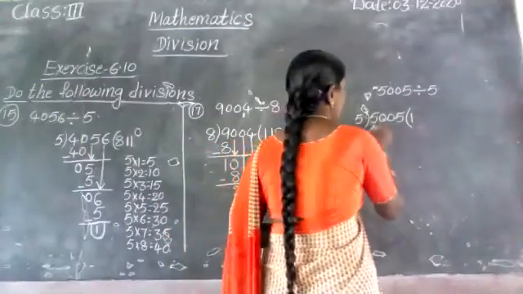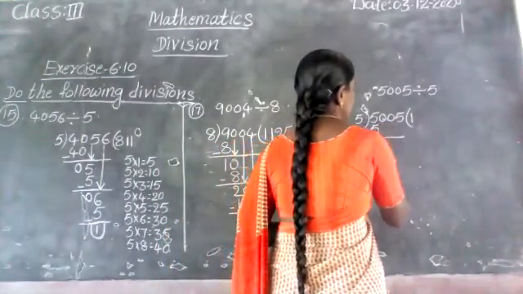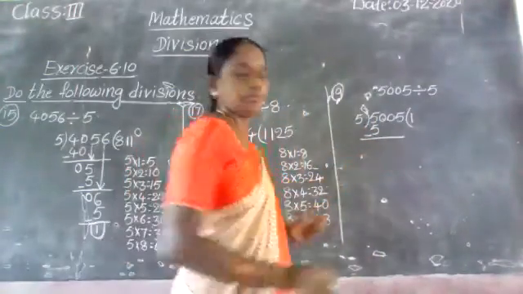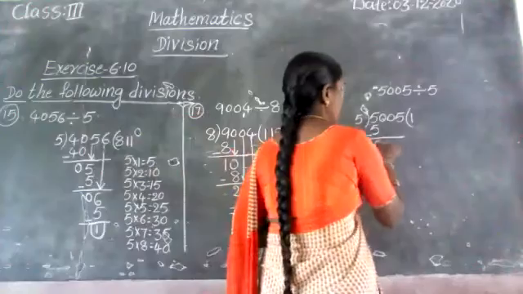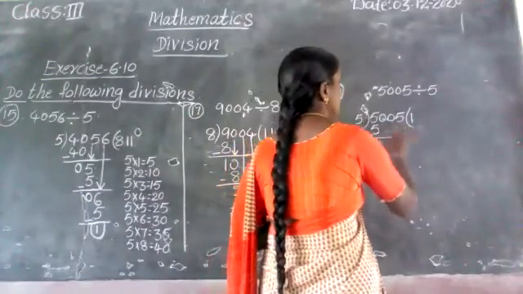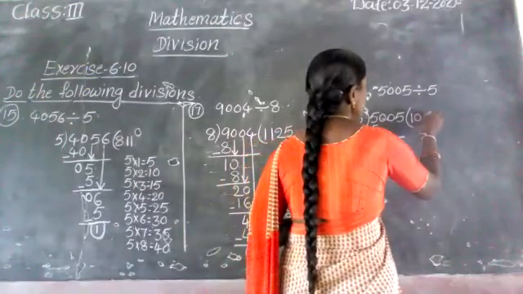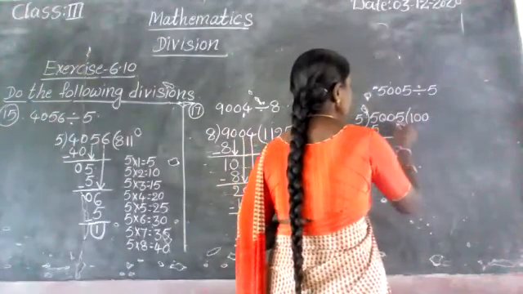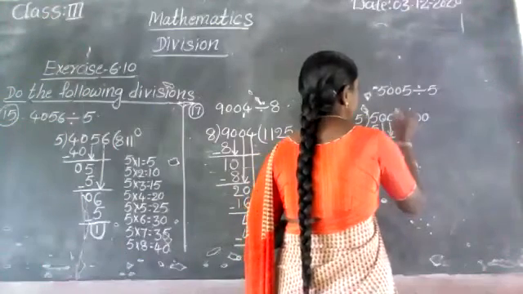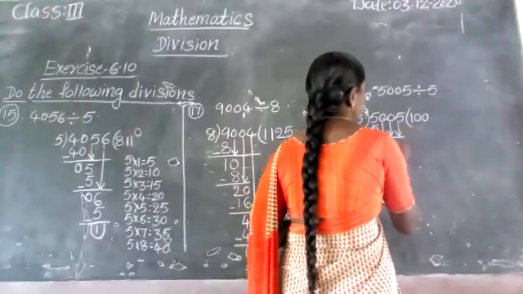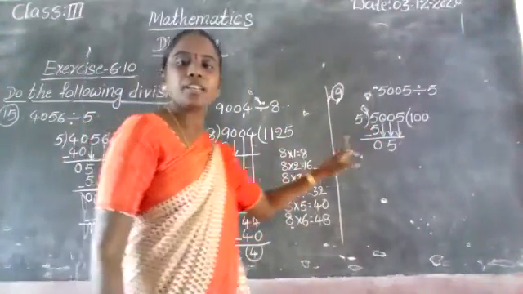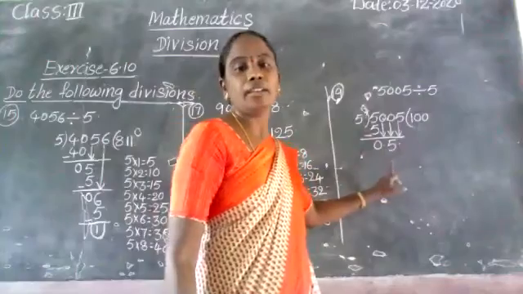5 ones are 5. 5 minus 5 is 0. Next 0 down, next also 0 down. So write zero two times. Next we have to take 5. Next 5 ones are 5.